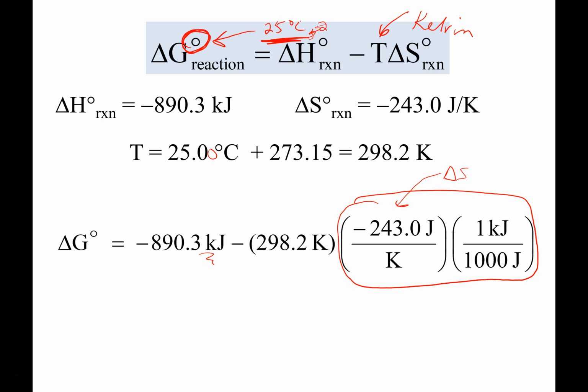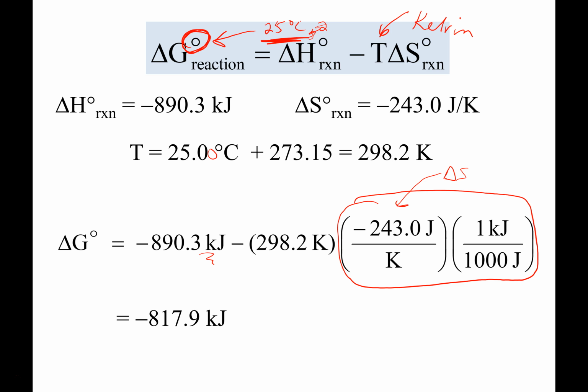So I'm taking my delta S, negative 243.0 joules per Kelvin, and converting it to kilojoules with 1 kilojoule over 1,000 joules. Then, drum roll, you get negative 817.9, and units are now kilojoules.